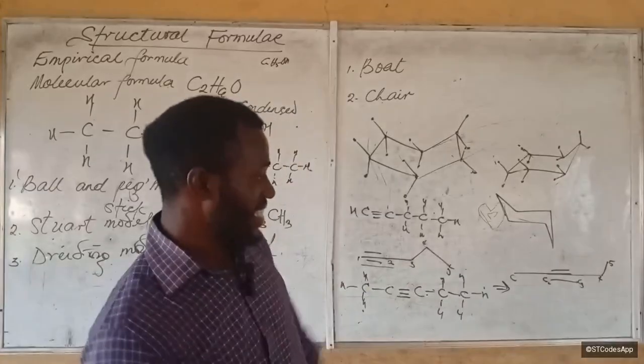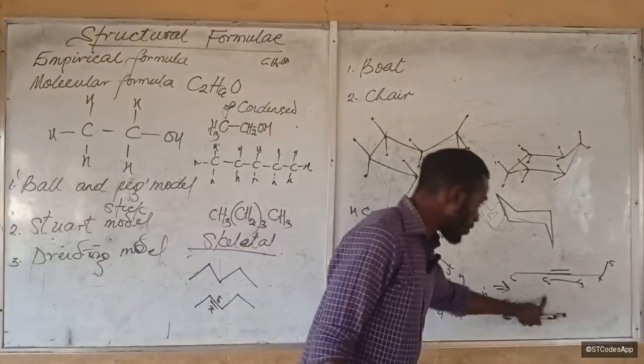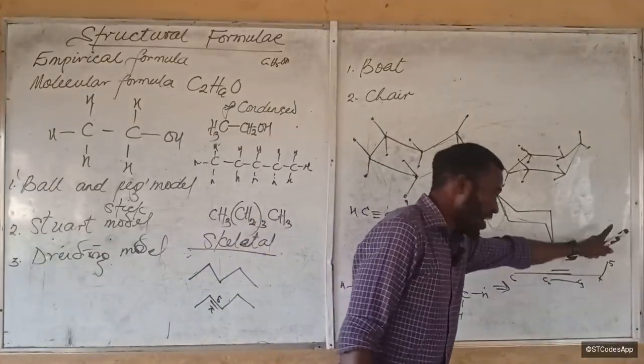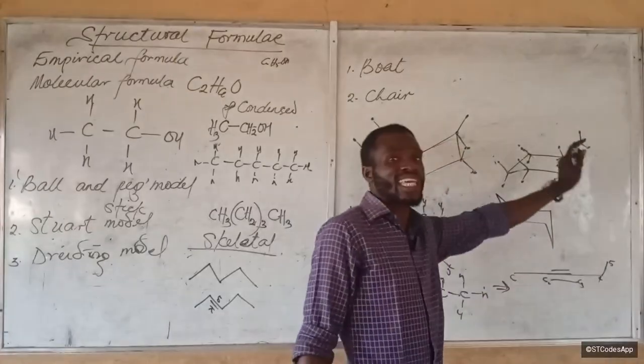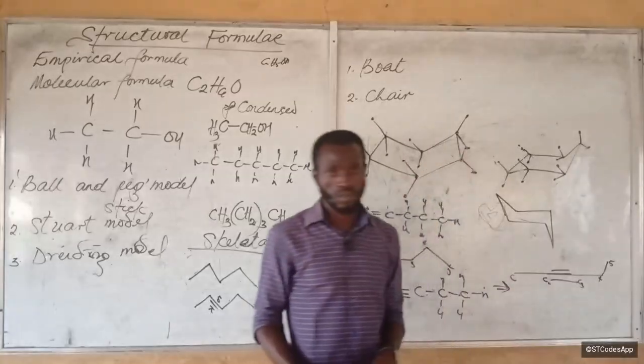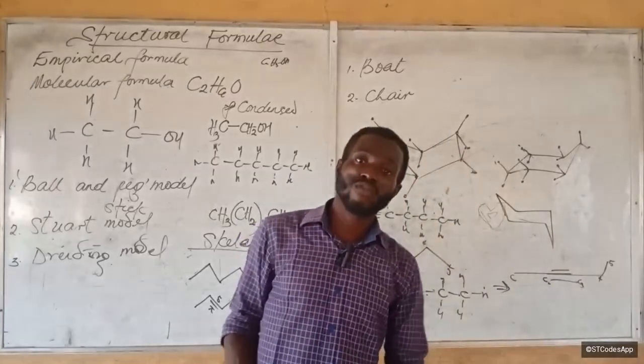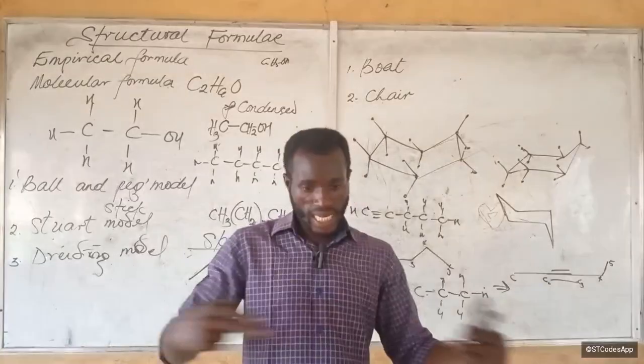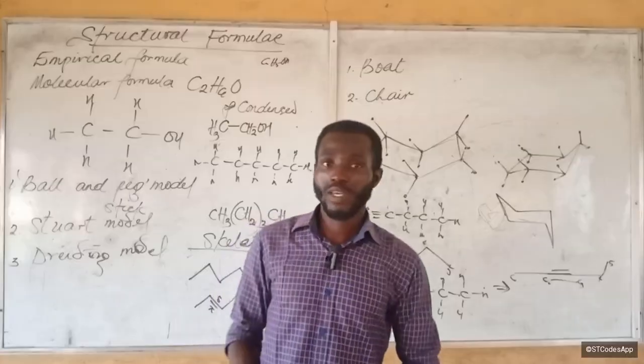Do you understand that? First carbon, second, third, fourth, and fifth carbon. So it's at the fifth carbon we kinked to show you that there is a linear molecule in between, because you know the bond angle for a triple bond is what? Linear. All right, that will be all for this video.